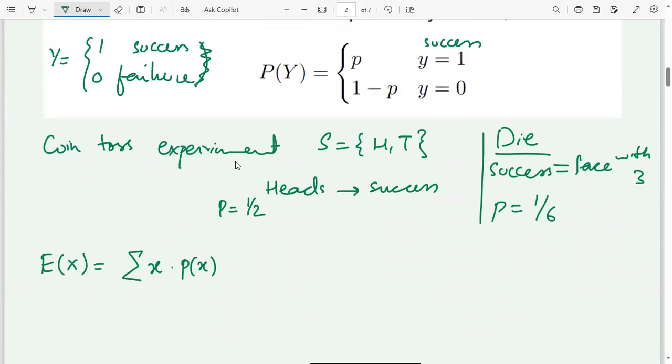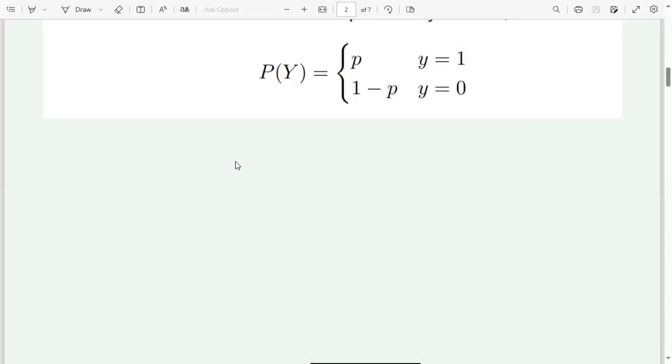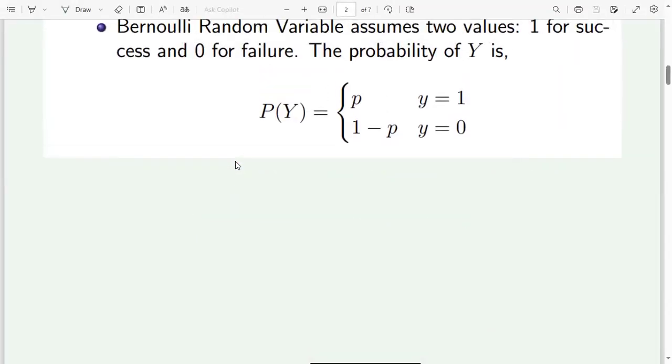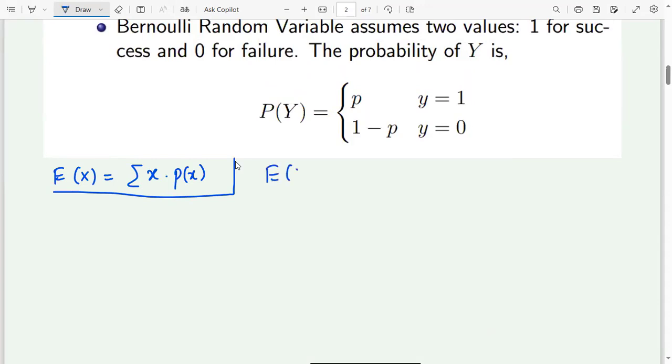This is my Bernoulli random variable. Let me remove a little clutter from this. We have this Bernoulli random variable and its expected value can be written as x times p of x. This is the generic formula, but in this case we have y, so I can write the expected value of y as this, where y has only two values, 0 and 1.